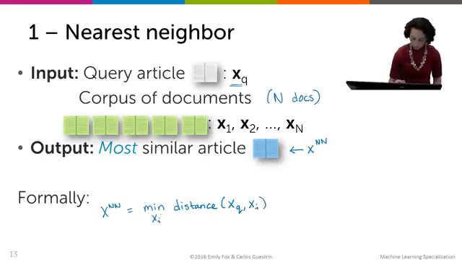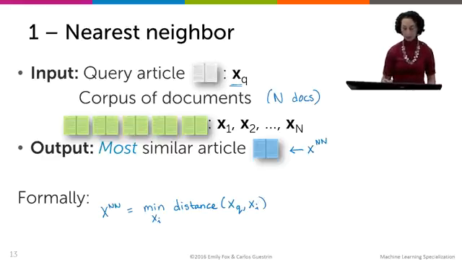So we're going to minimize over all articles in the corpus the distance between the article in the corpus that we're looking at and our query article. And then we're going to return the one whose distance is smallest. And that's the formal definition of our nearest neighbor.